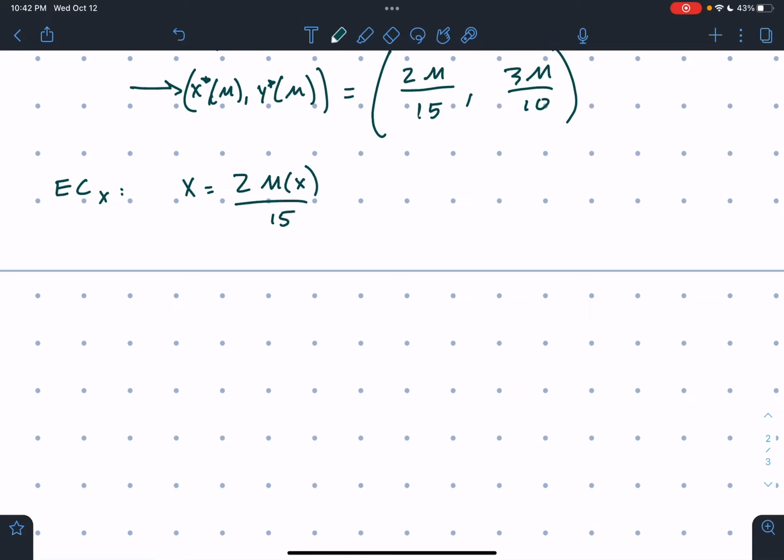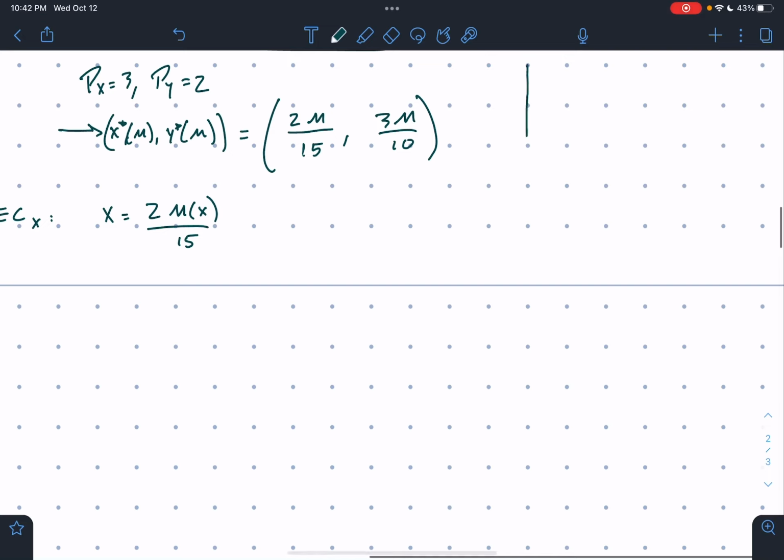This is if I want to go backwards, if I want to plot X and M of X. So for a given level of consumption of X, this is the level of income I would need for that to be my optimal choice.